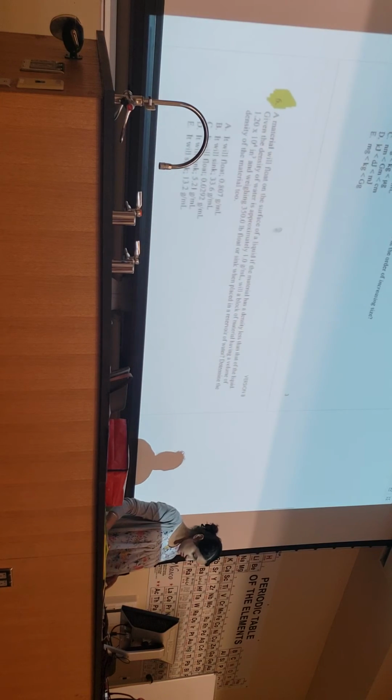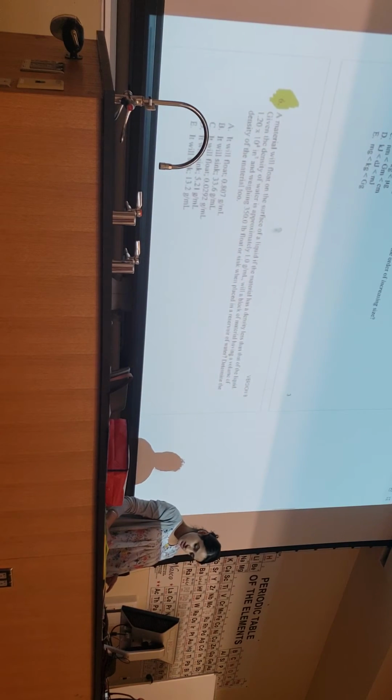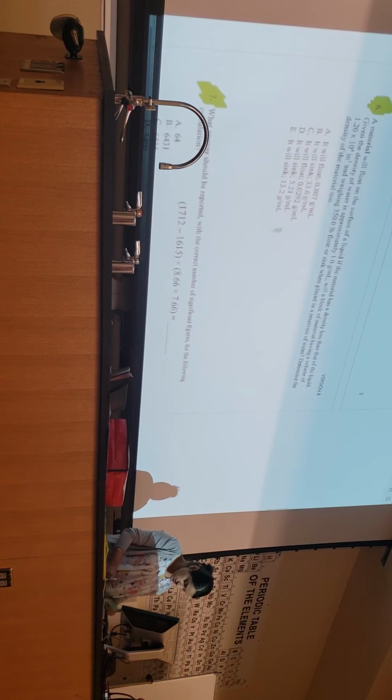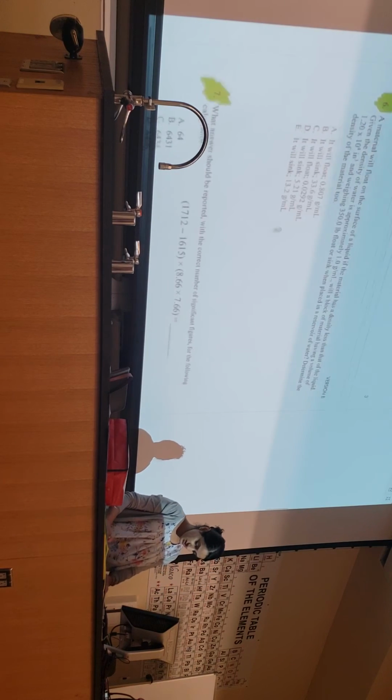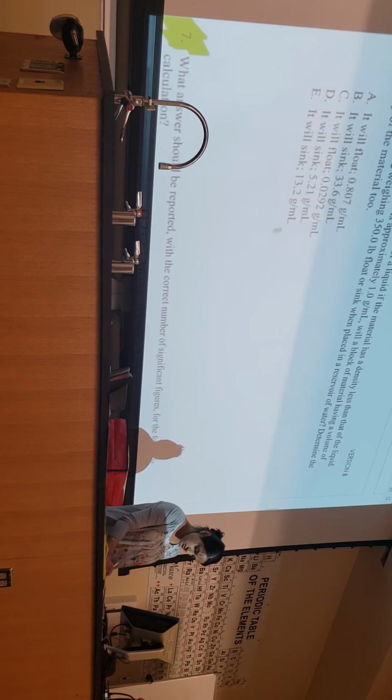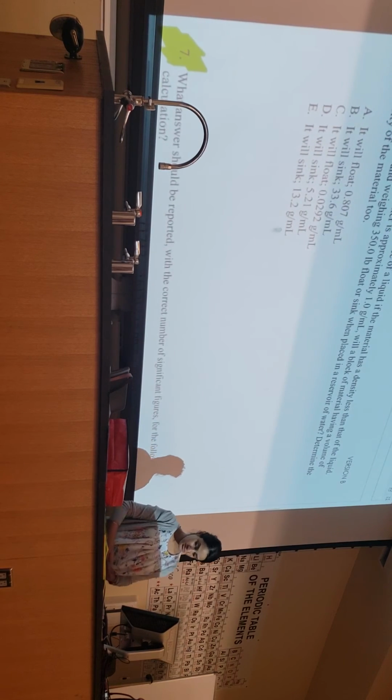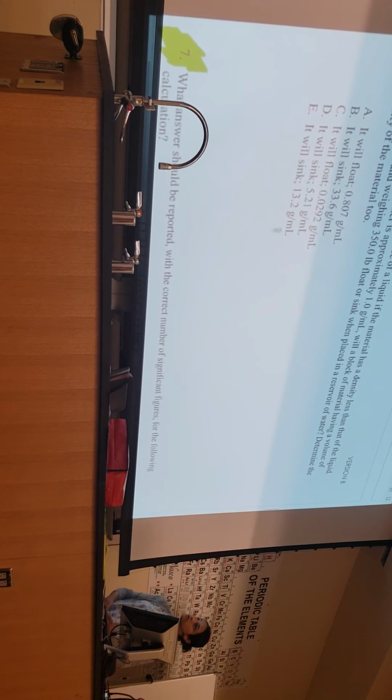Number 6. This was dealing with density, the floating one. This is number 3 on version B. Here it says a material will float on a surface if it's less dense than the liquid. That makes sense. Given the density of water is 1 gram per milliliter, you have a block of material.